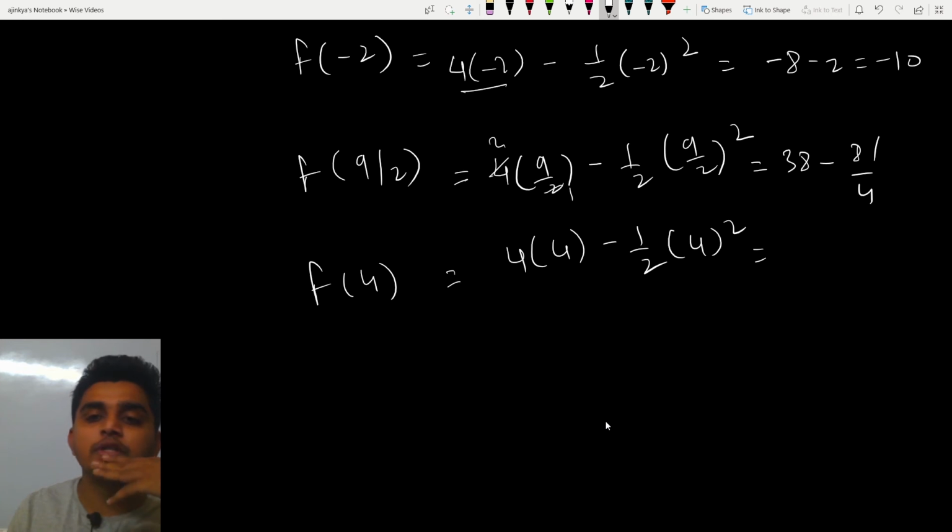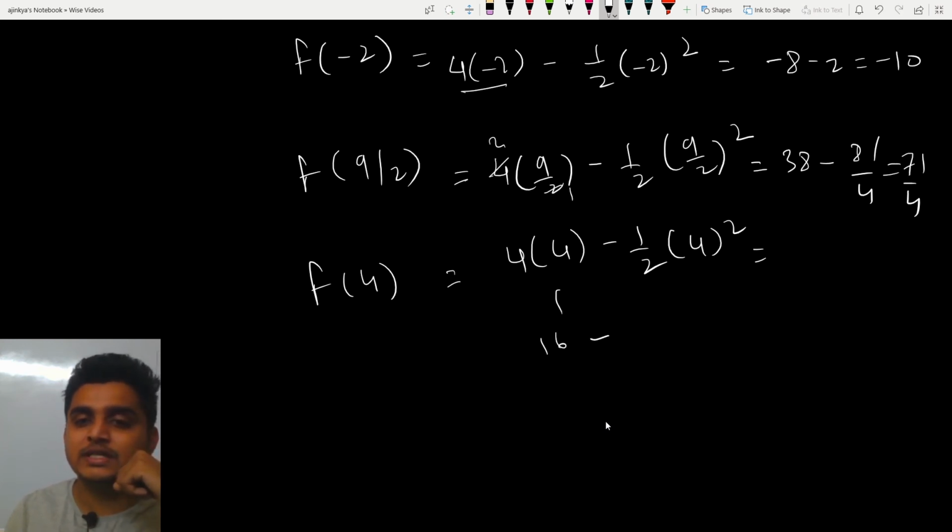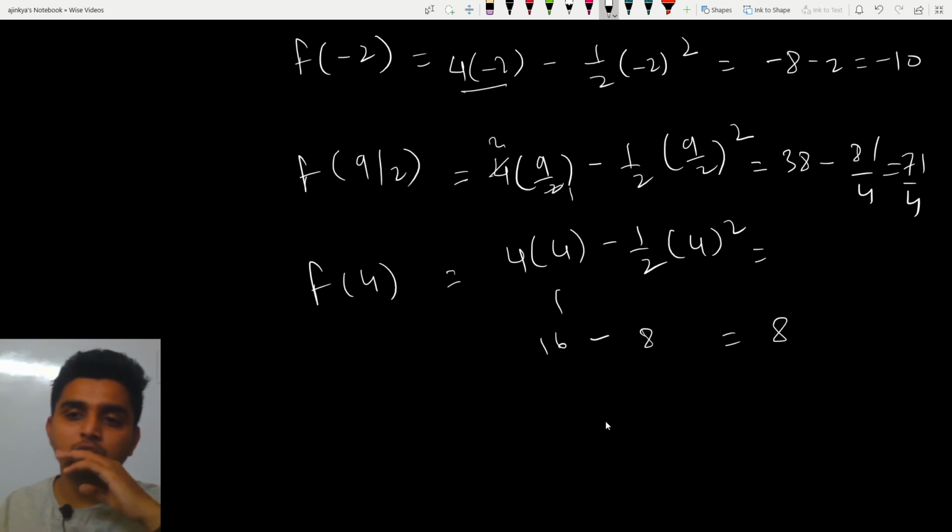So 38 times 4 is 152, minus 81 gives 71 upon 4. And for f of 4, if you do the evaluation, it is 16 minus 16 divided by 2, which is 8. So clearly we need to see what the values are.